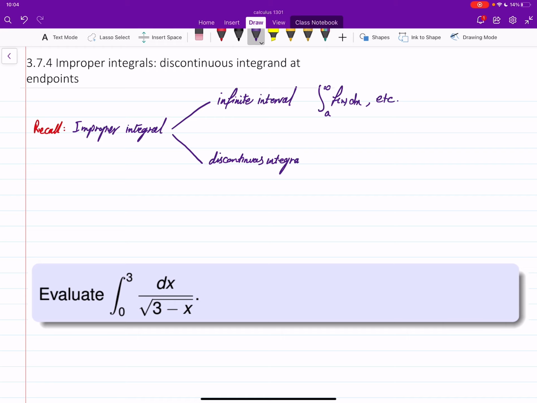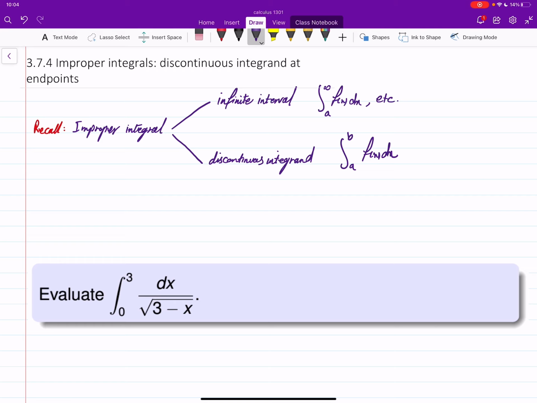integrand. So the interval of integration is a closed interval from a to b, but the integrand has a discontinuity at these points.